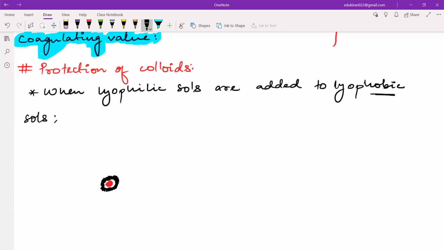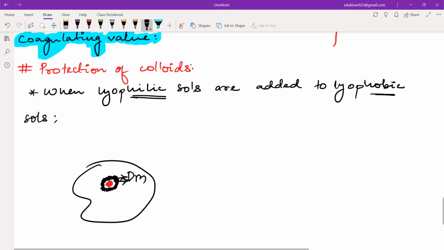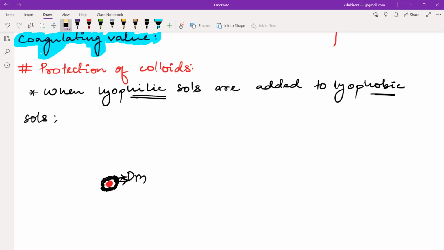The lyophilic one has attractive forces with the dispersion medium, so the dispersion medium can interact with the lyophilic salts. That is why they create a protective layer around the lyophobic salts, and hence the protection of lyophobic salts is done.